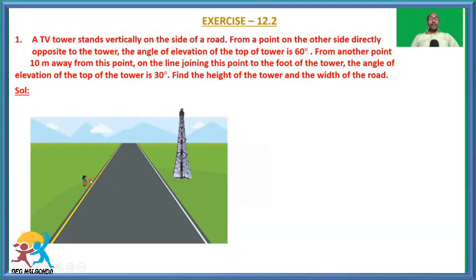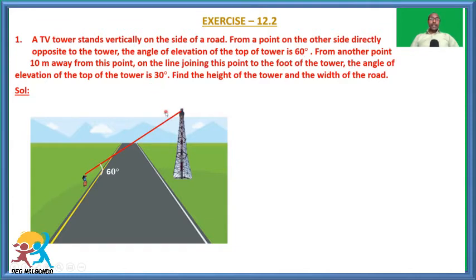The angle of elevation from this observer to the top of the tower is 60 degrees. And it's given that from another point 10 meters away from this point, on the line joining the point to the foot of the tower, the angle of elevation of the top of the tower is 30 degrees. That is, the angle of elevation decreased from 60 to 30.